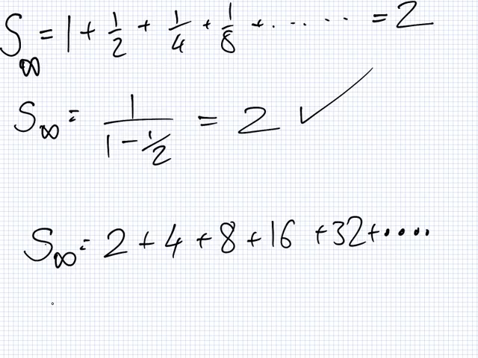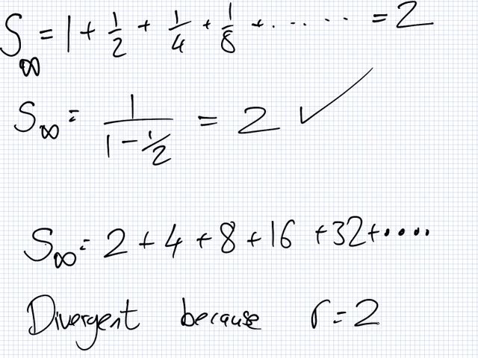So the answer here is divergent, and the reason is simple. The reason is because r equals 2, which is bigger than 1. So if r is a number between -1 and +1, it's going to converge and have a limit.